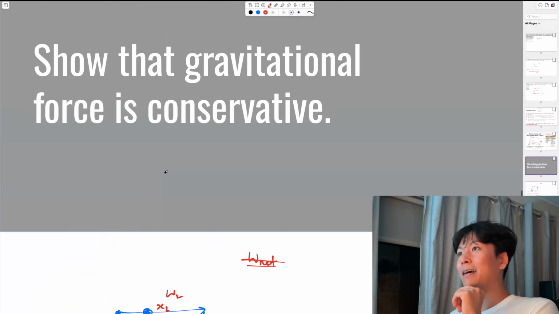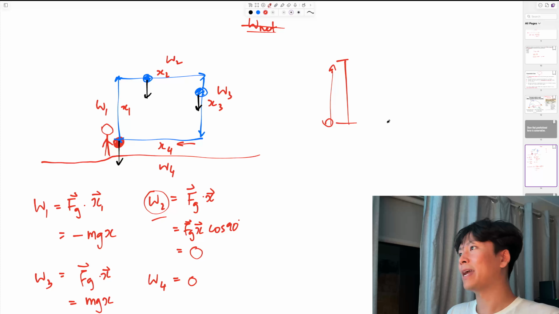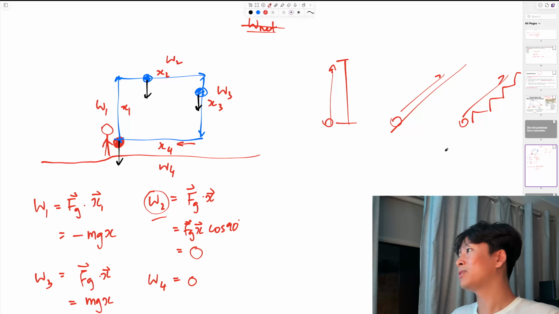Okay, so that's proven. Now, we have also shown in a previous video the other method: a ball going up straight versus a ball going up the ramp, or going up the staircase, for example. And we saw that all of these works are pretty much equivalent.